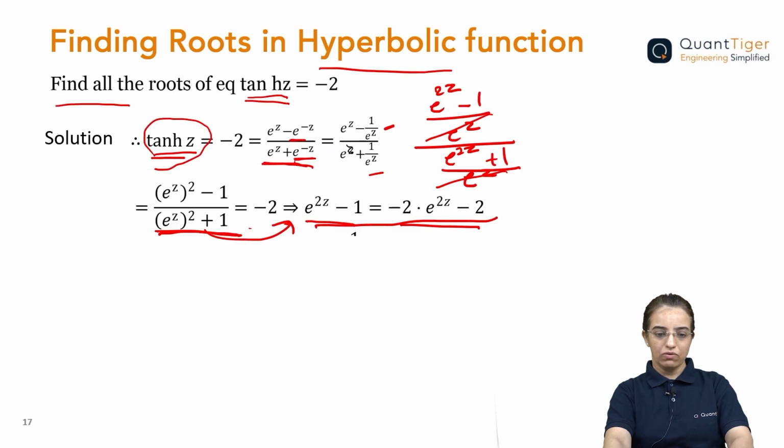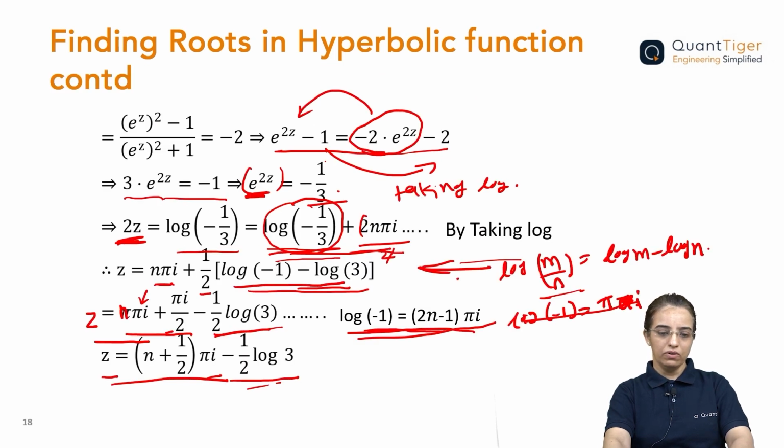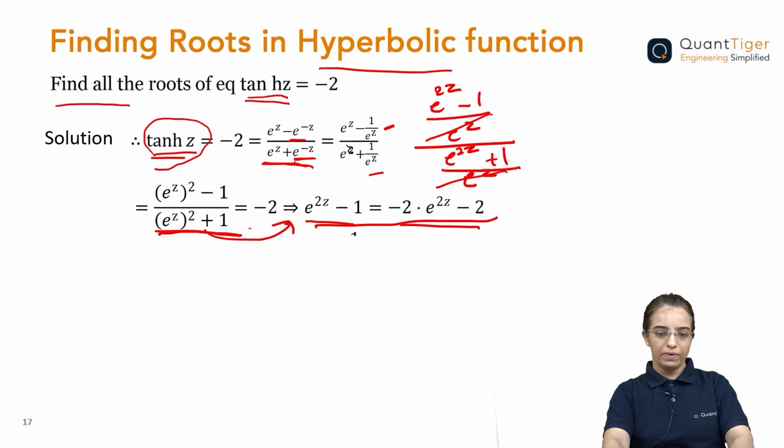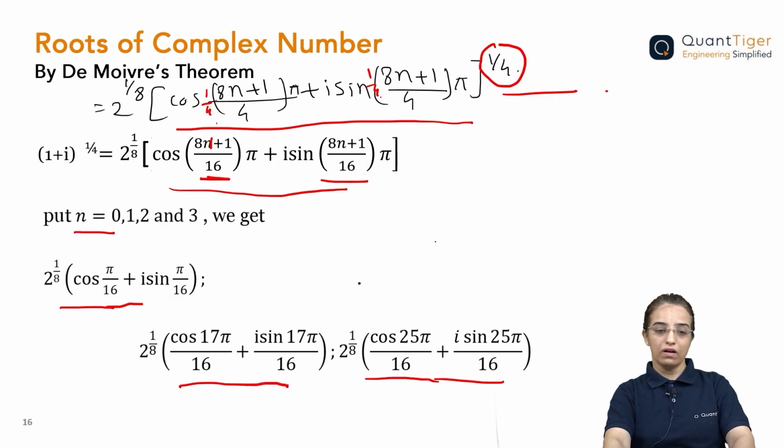So सबसे पहले तो हमें hyperbolic function को थोड़ा simplified form में कर रखना है, then we have to see how we can rearrange terms and take the log and use the formula here. So hope it is clear for you. So this is how we have used De Moivre's theorem for finding the roots of complex number.